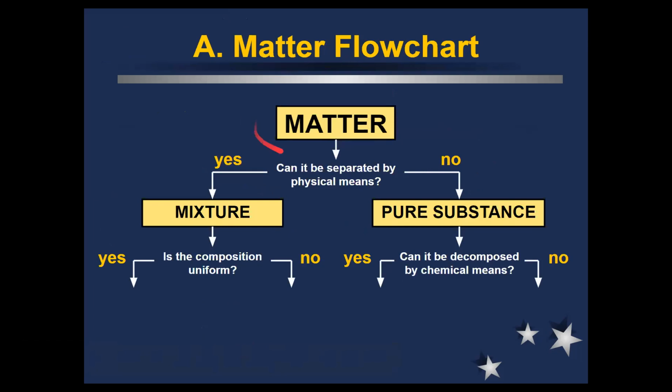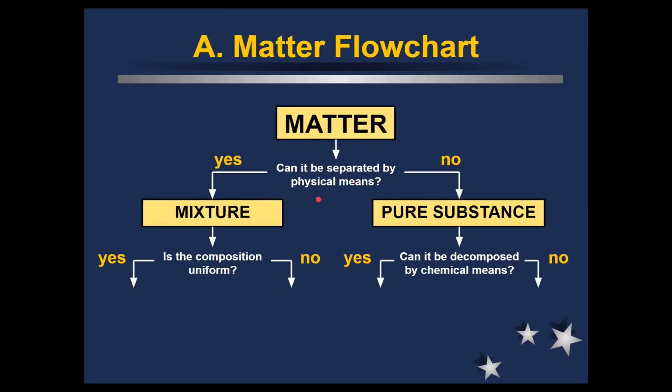So we start off with our matter, right, which is our stuff, our substance, our water, or maybe it could be like sand on the beach or a wooden block in front of you. Whatever type of matter it is, the first thing that is going to determine what type of substance we're dealing with is, can it be separated by physical means?